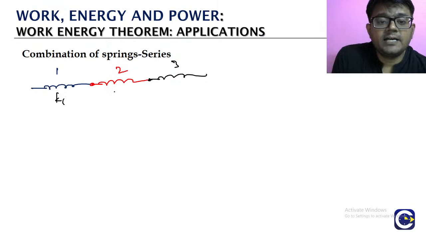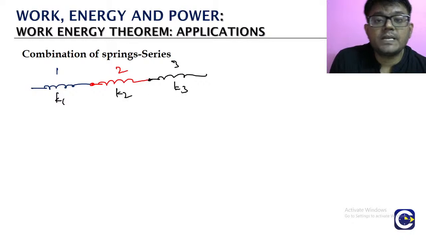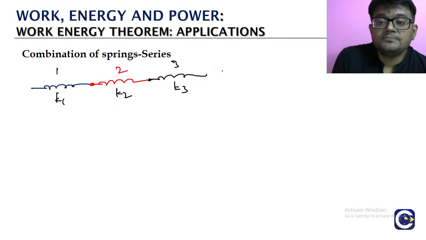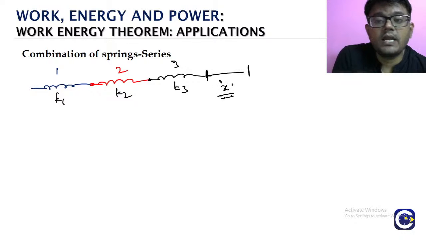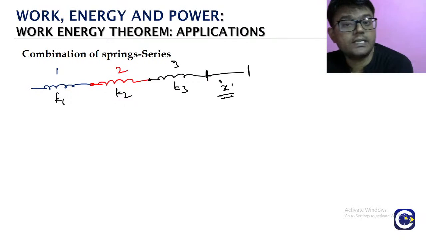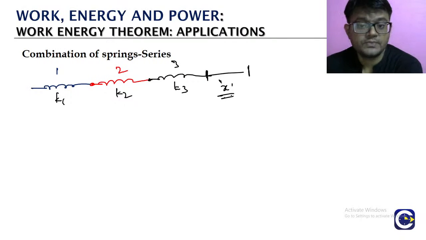Let us say the spring constants for them are K1, K2, K3. Now, if you try to elongate this combination, the entire combination, by a value x. Just think about it.